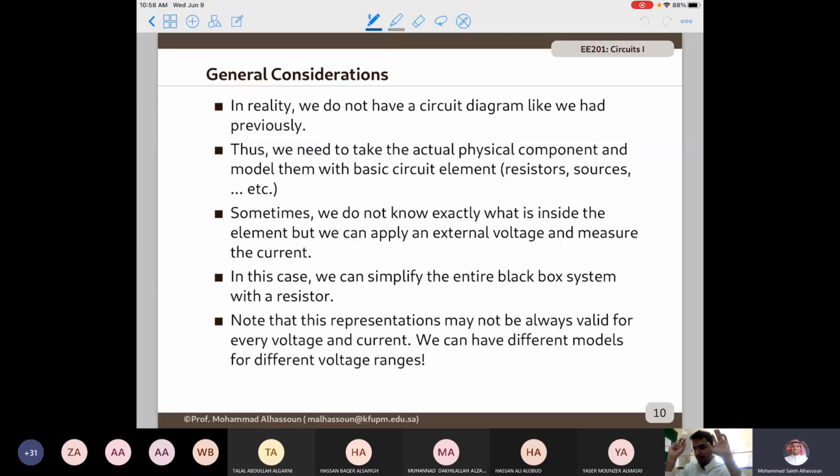And be aware here that this representation is valid over a short period or over a small set of voltages. If you exceed that certain limit, you need to develop a new model for your system. Okay.